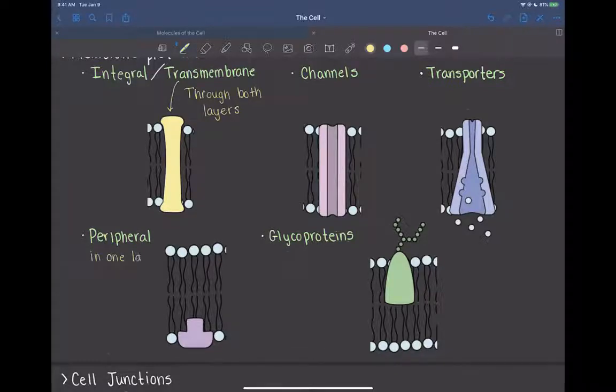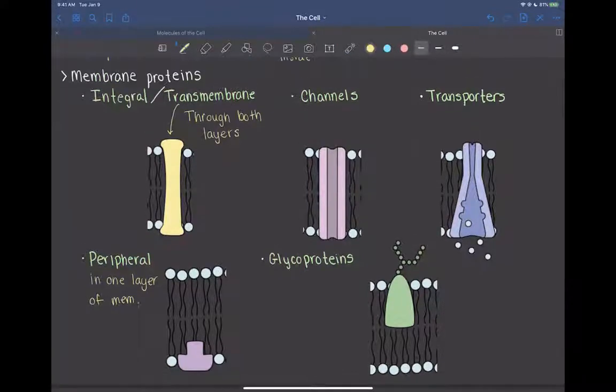Whether it's on the layer that's closest to the outside of the cell or the inside would just depend on the protein and its function. An example of this would be enzymes that would be peripheral membrane proteins, and they can sit on the inside of the cell and catalyze different reactions right there near the membrane.